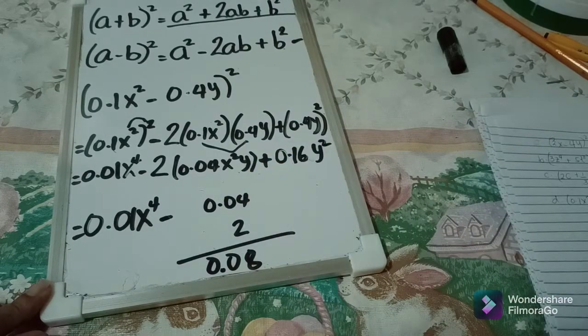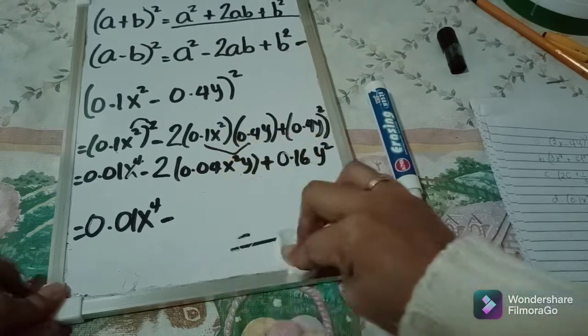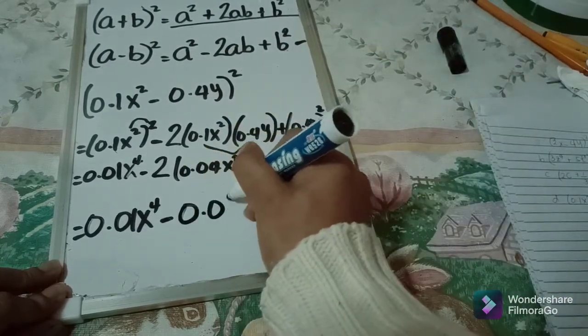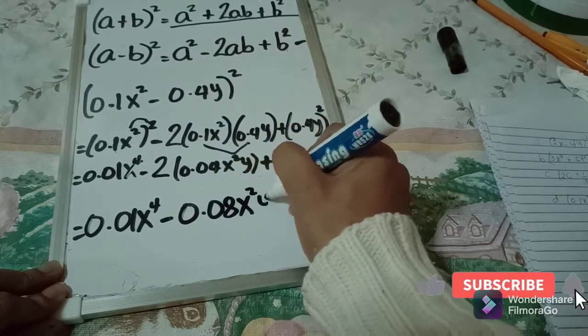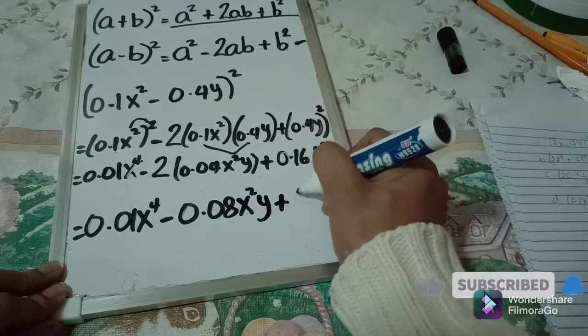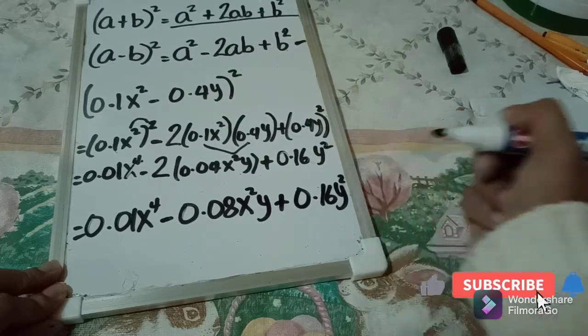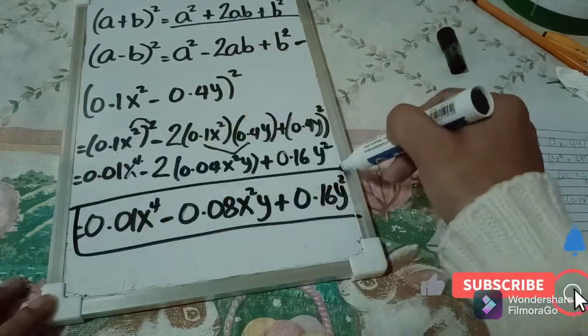There you go. Okay? So, 0.08. 0.08 x squared y plus 0.16 y squared. So, ito yung ating final answer.